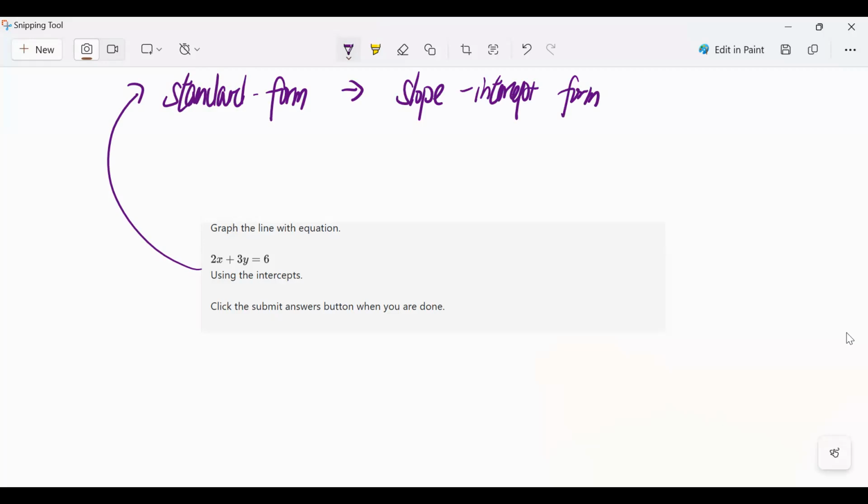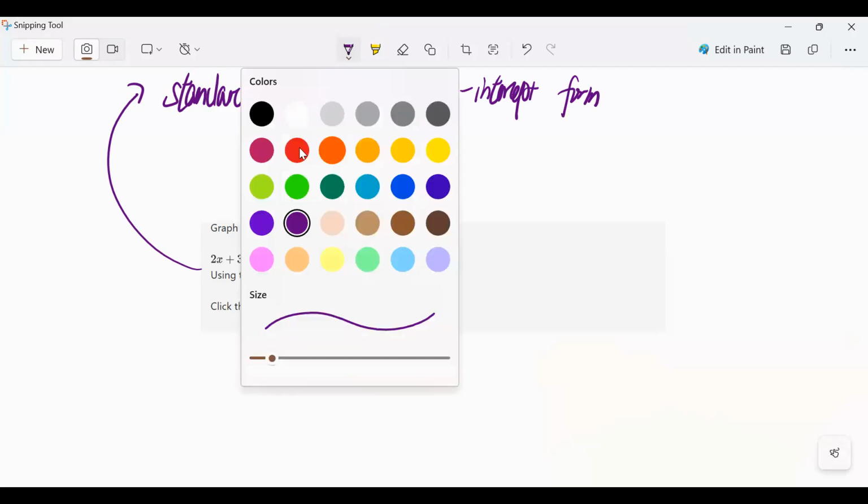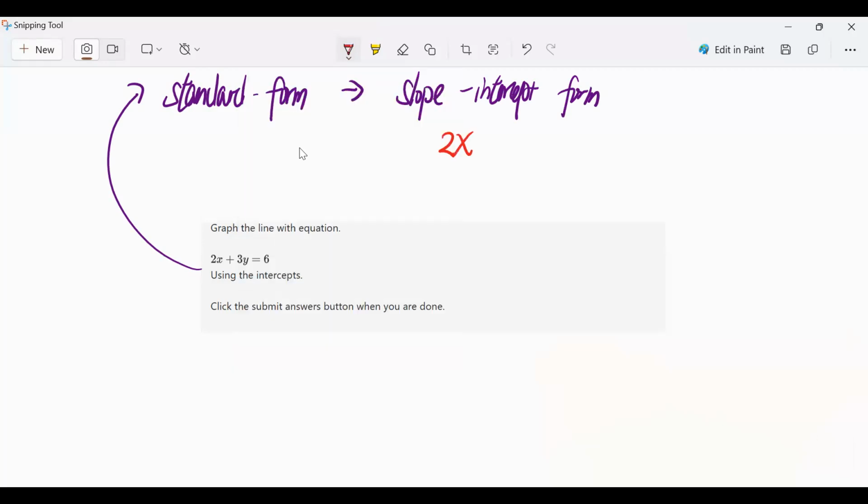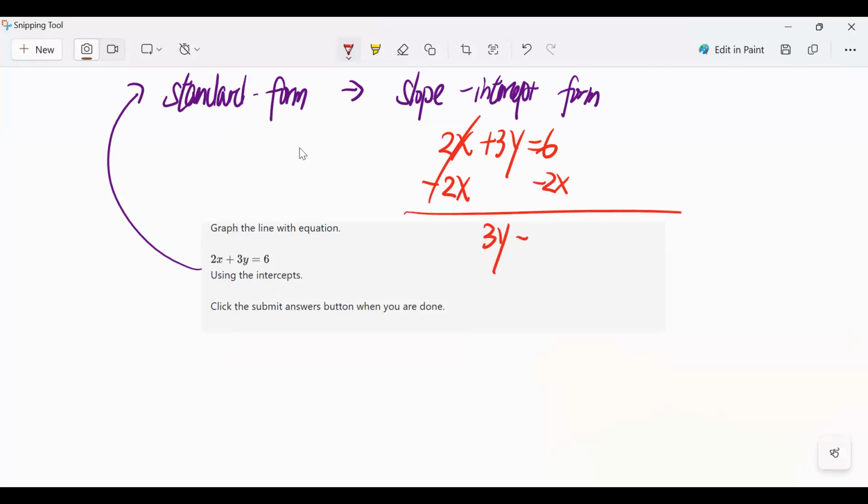The key thing is to solve for y. So write down the equation. First of all, you subtract 2x from both sides of the equation. So 3y equals negative 2x plus 6, just like we did in some exercises from the earlier section.